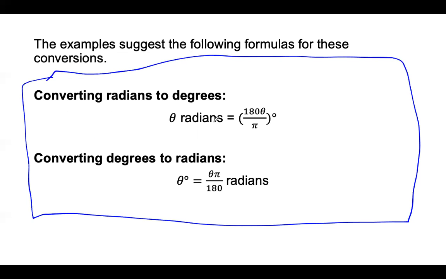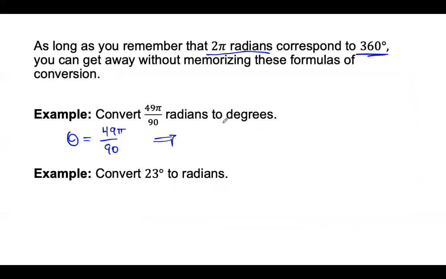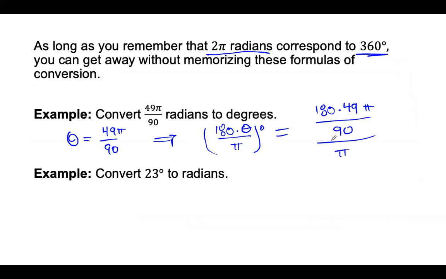We take 180 times this angle, this radian, divided by pi. This is going to be in degrees. So this would be 180 times 49 pi, divided by 90, divided by this pi.